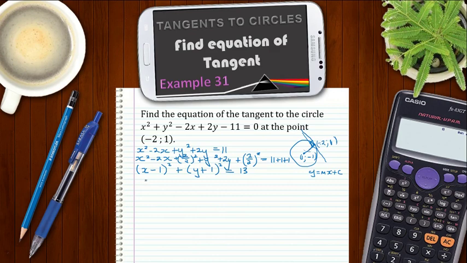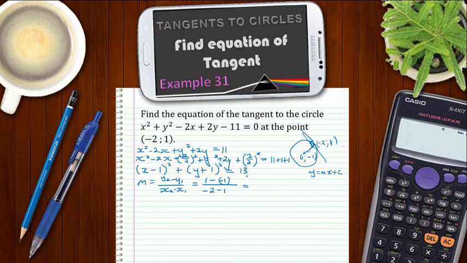So to find that gradient, we have gradient is y2 minus y1 over x2 minus x1, and if we substitute that in, we've got 1 minus negative 1 over minus 2 minus 1.